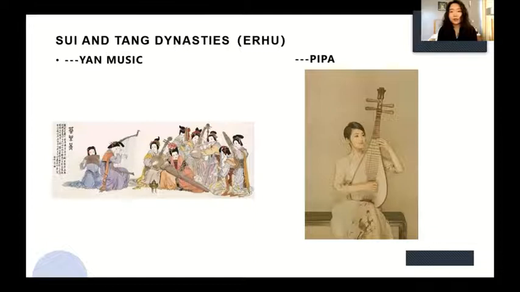Next, I'm going to introduce you to the Sui and Tang dynasty. The instrument pipa appeared. Just now we had seen lots of pipa played, right? The music is really nice, and when you hear it, you can feel the Chinese culture, the Chinese history, all of them.